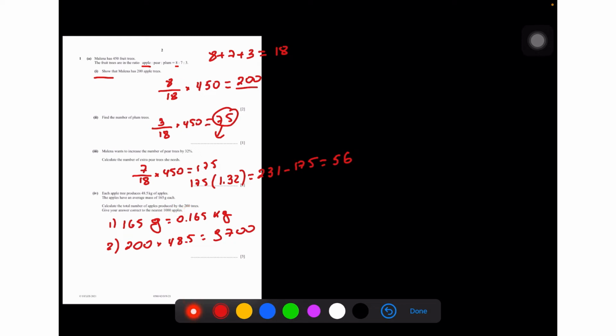That's why as a third step we have to divide this by 0.165, and if we divide, we will get 58,787. But we have to give the answer correct to the nearest 1,000. We round this to the nearest 1,000, and this will be approximately 59,000.